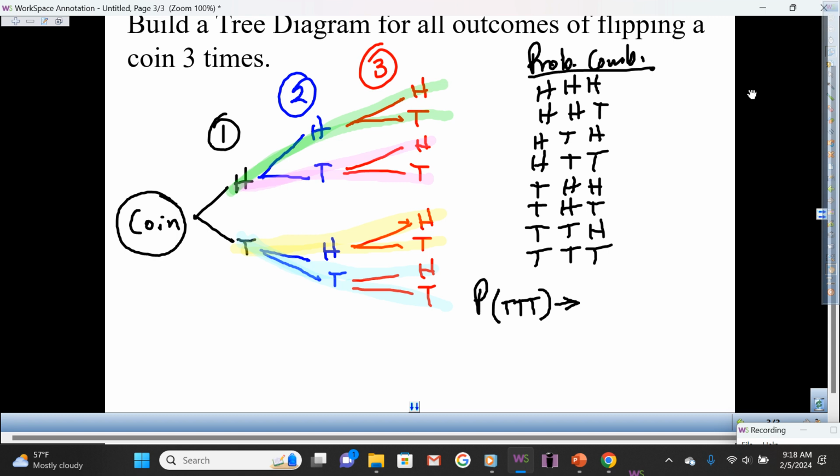Going back to our empirical formula, our empirical was what? P of E, F over N. So how many total outcomes do we have? 8. And this is what? 1 out of 8. Yeah? Okay.